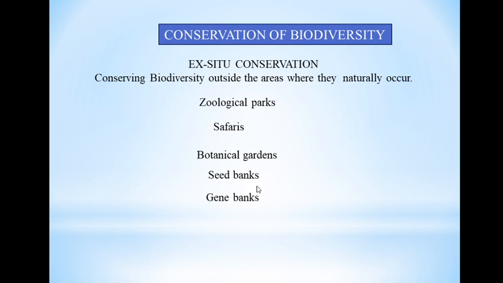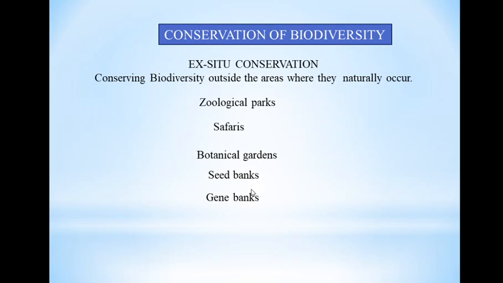And next are the gene banks. Gene banks are banks where parts of plants which are endangered and critically endangered, and which are endemic species, are brought and preserved in cold storage at minus 300 degrees Celsius for future generations.